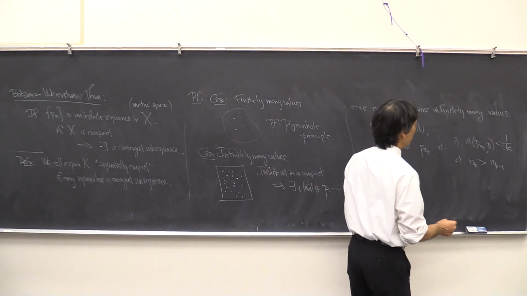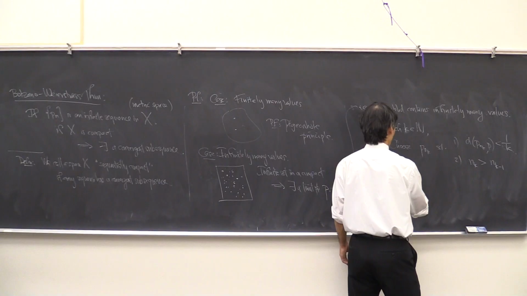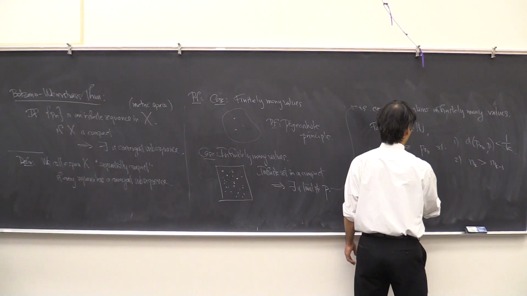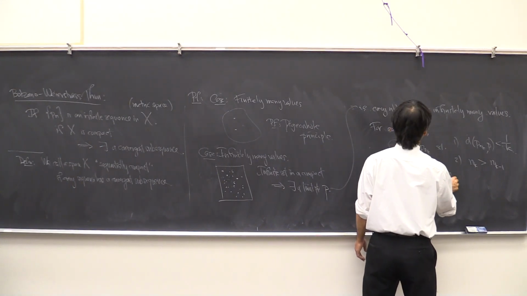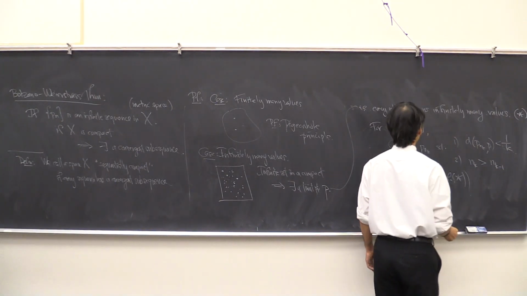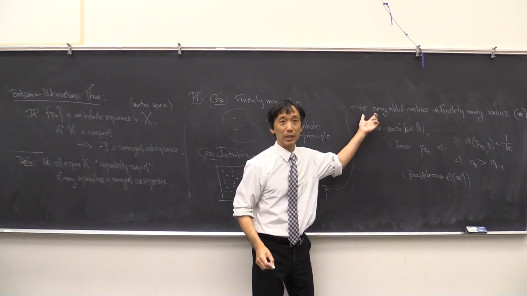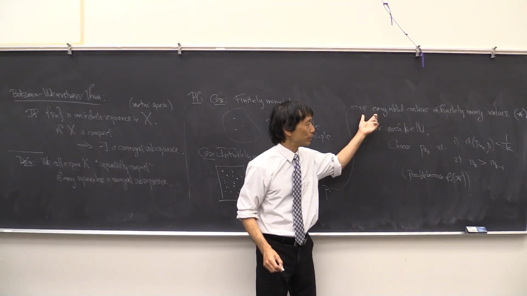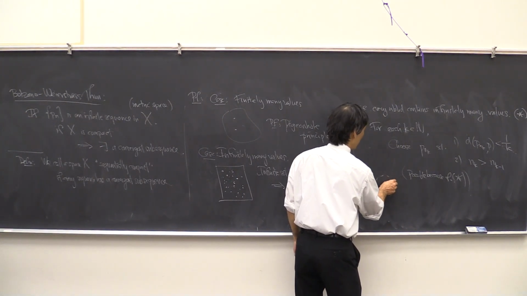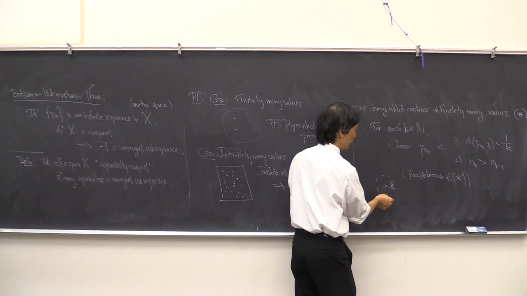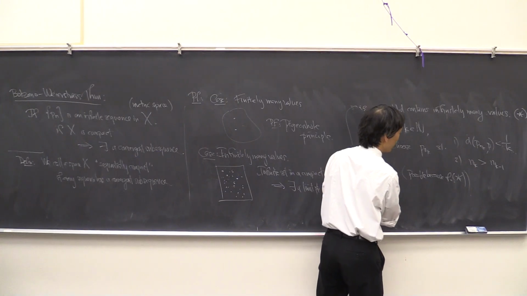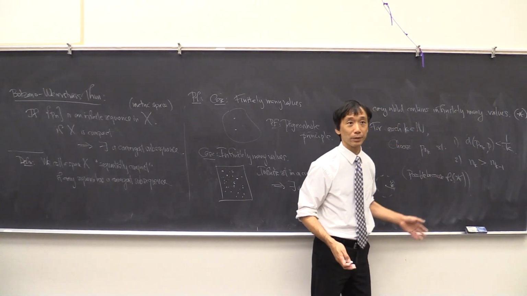And you know, this is possible because of this fact here. Every neighborhood contains infinitely many values. So when you take your epsilon to be 1 over k, you know there's infinitely many values in there, and so you can definitely choose one that's got a greater index than your previously chosen index.